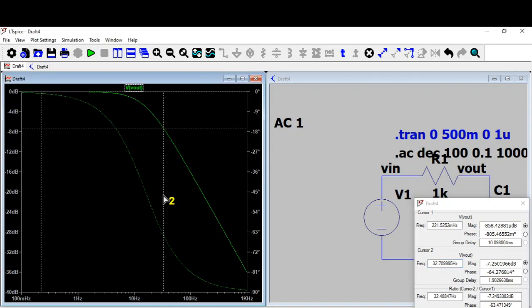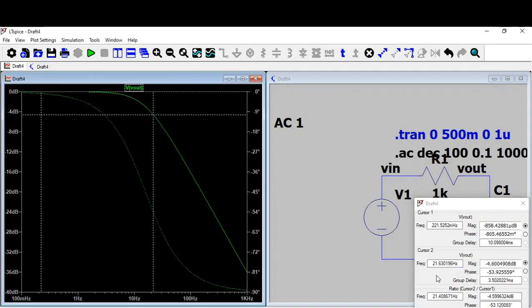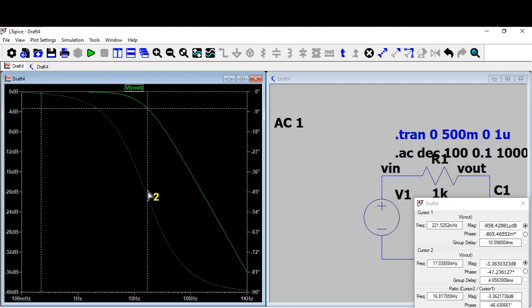Keep an eye on it when it is 15.75 hertz. It is 19 now, 18, 17, now 16, okay, now 15.75, very close to it. See here, it is 15.75 hertz. See the magnitude.